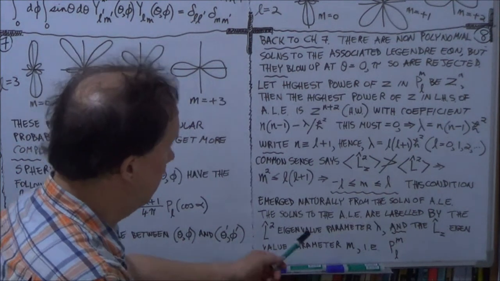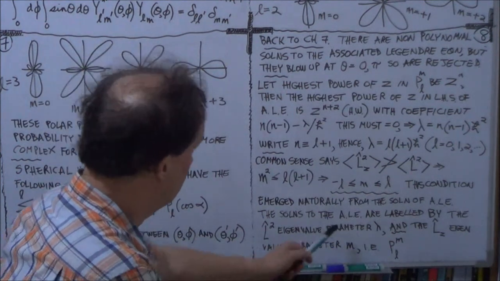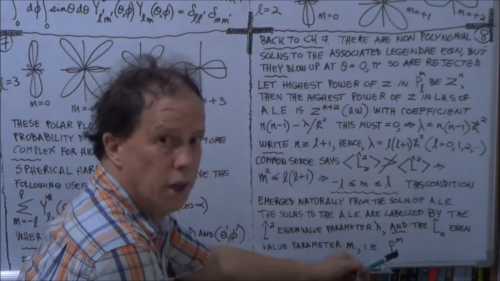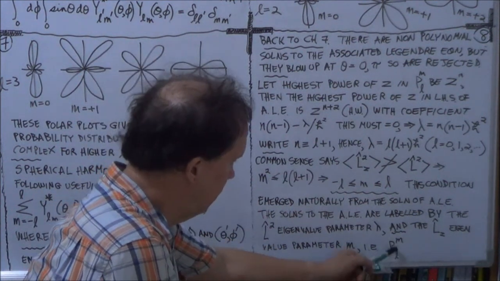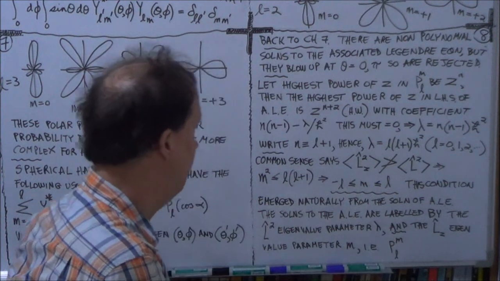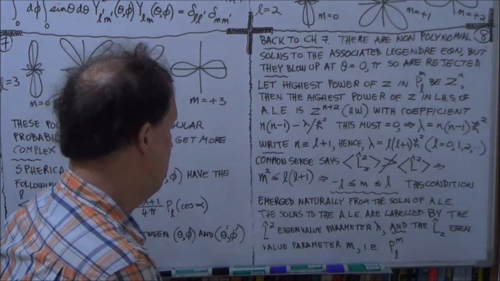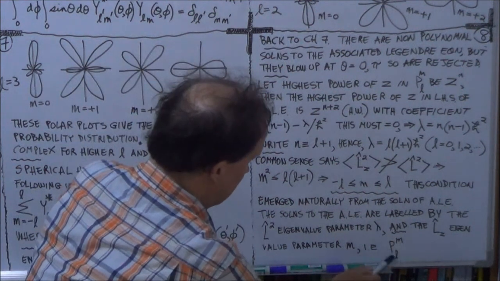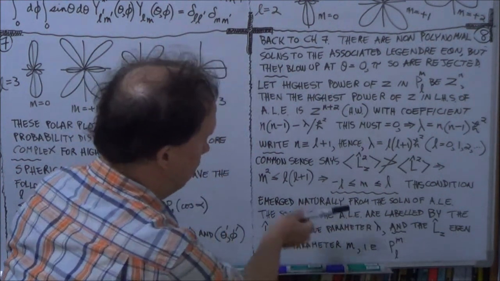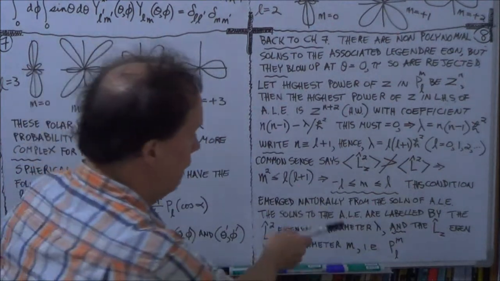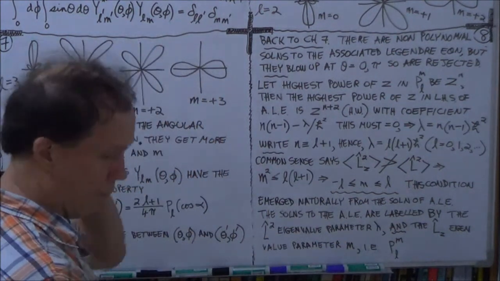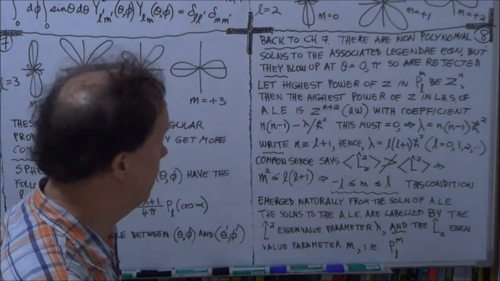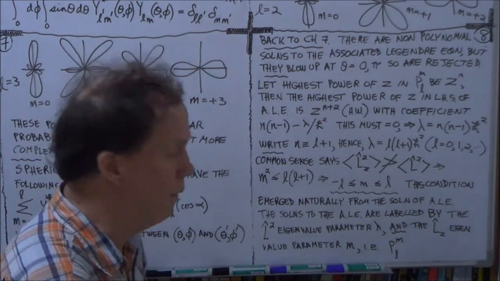And so the solutions to this are your associated Legendre polynomials, P L M. So you're getting this expression from physics type reasoning, and we also got it from the math, of course. That's what Appendix B was all about.